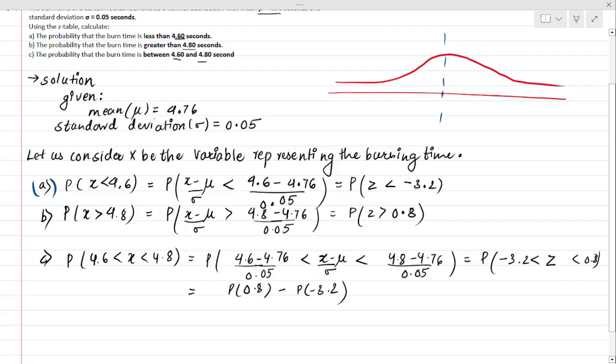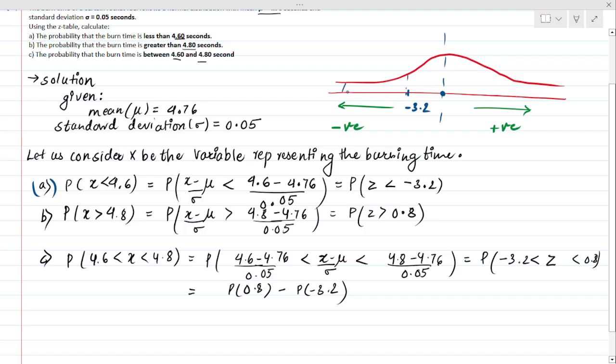So if this point is the origin, and this side is negative and this side is positive, now we get here a point that is minus 3.2.